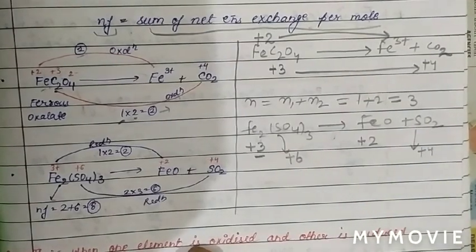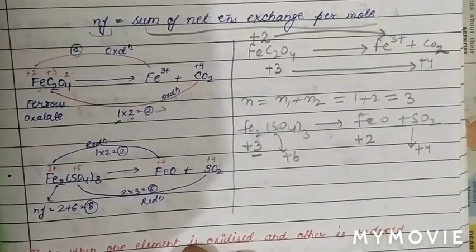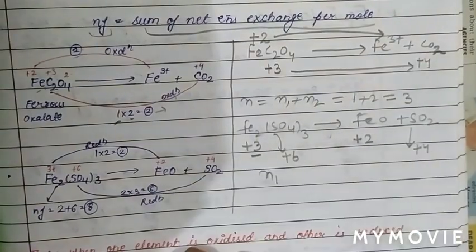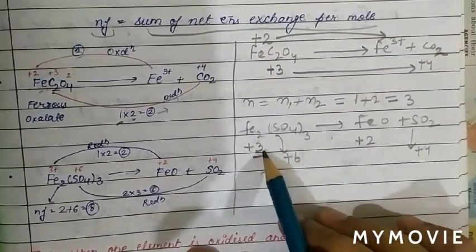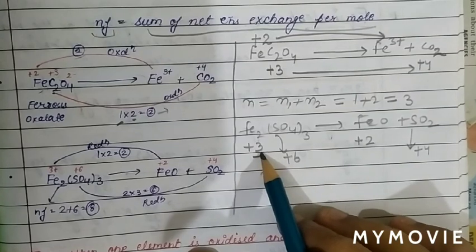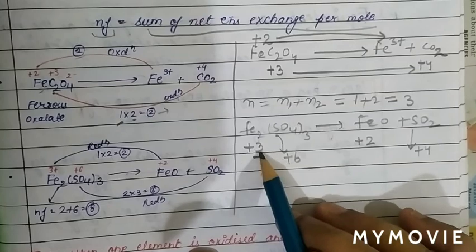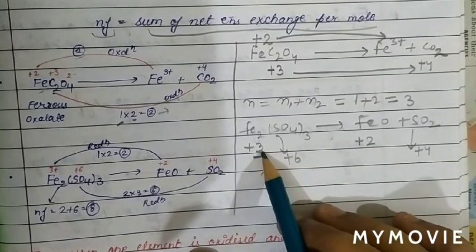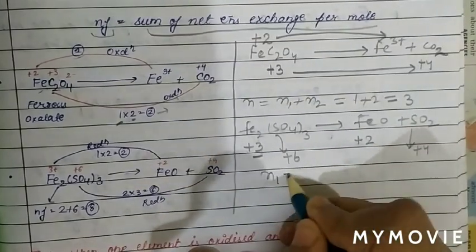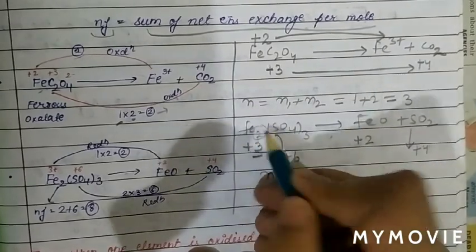Now see the value of n2. In this case both are reduced. Iron is reduced and sulfur is also reduced. The oxidation state of sulfur changes from +6 to +4, meaning a decrease in oxidation number of 2 for one atom.